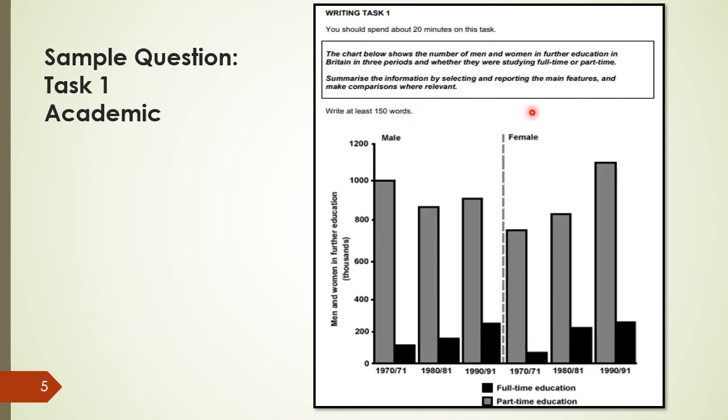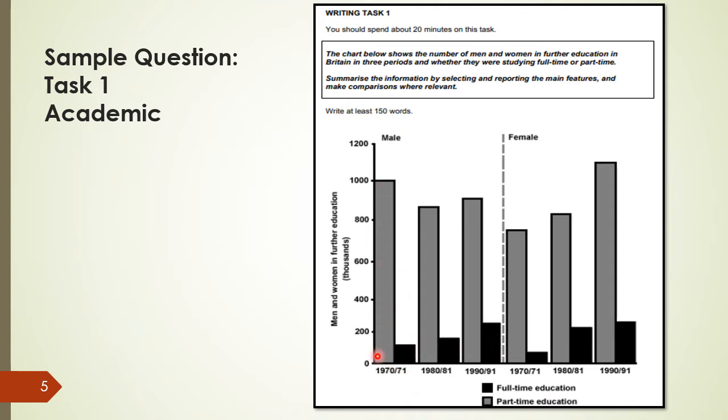So you will have something like that, 1970 to 71, and it goes up to 1990-91, and this is men and women in further education, in thousands. So this number is in 1,000s, 200,000, 400,000 and up to 1,200,000. You could see this as well. Full-time education is the black bar here, and part-time education is this light color bar.